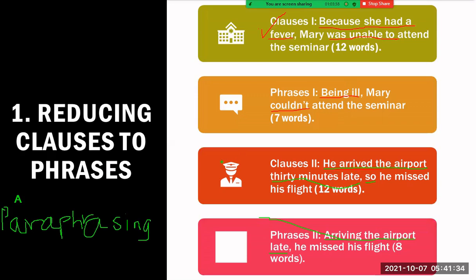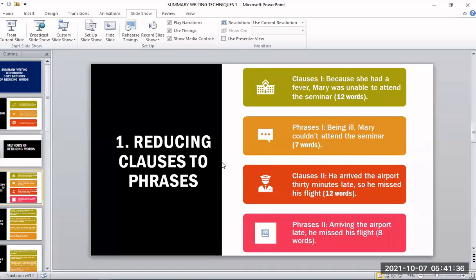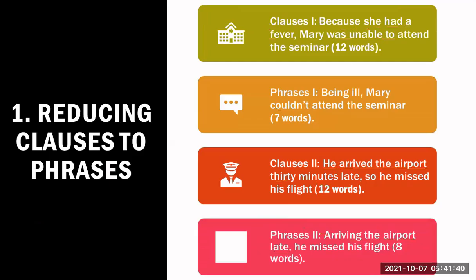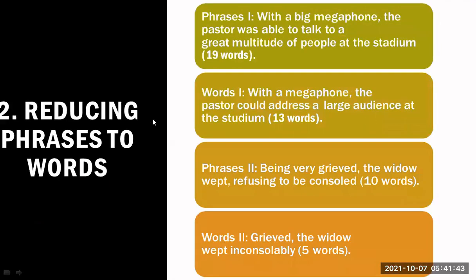Now let's go to the second method, and that is reducing phrases to words. So let's look at how we can reduce phrases to words. Example one: With a big megaphone, the pastor was able to talk to a great multitude of people at the stadium. Now, this is made up of 19 words.